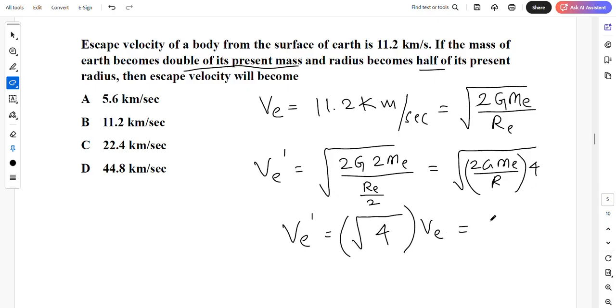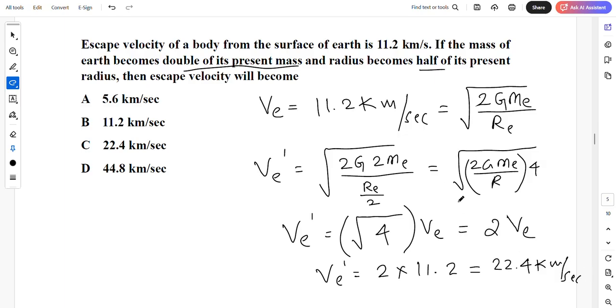That is 2 into VE. VE dash is equal to 2 into 11.2, which is 22.4 kilometers per second. Hope you understood this.